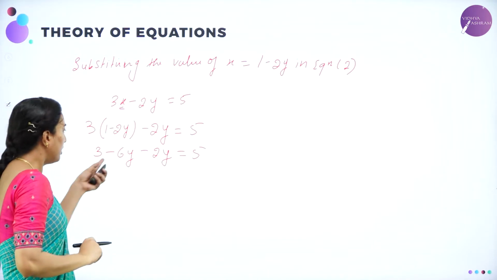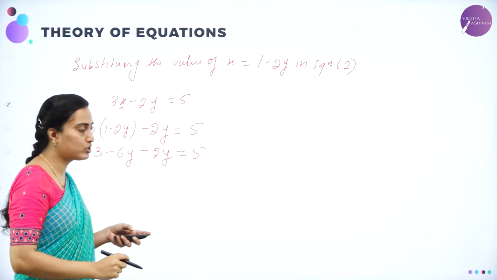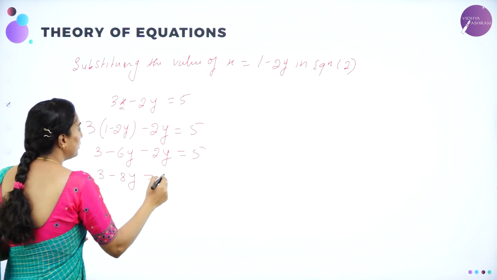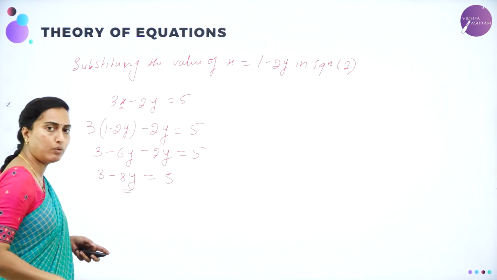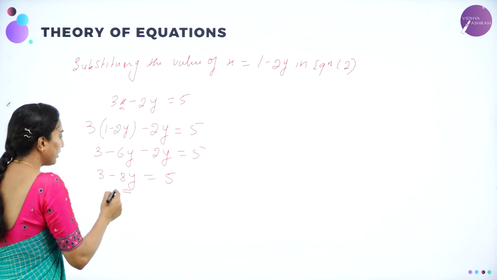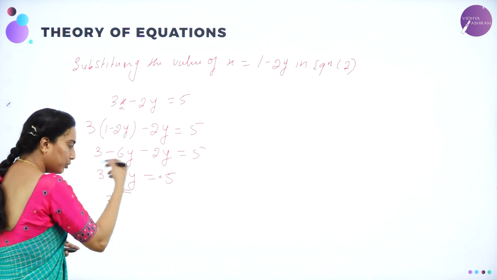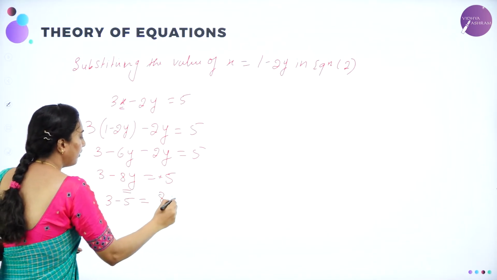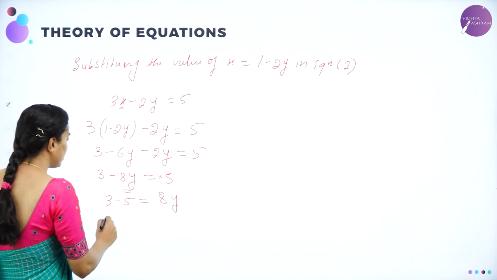Now you are getting minus 6y minus 2y is minus 8y. So therefore 3 minus 8y is equal to 5. Taking y term to that side, 5 to this side, what it will be? Taking plus 5 to this side, 3 minus 5 is equal to 8y. 3 minus 5 is minus 2.